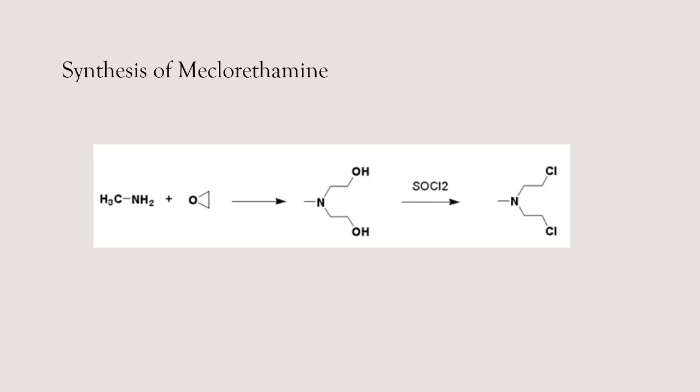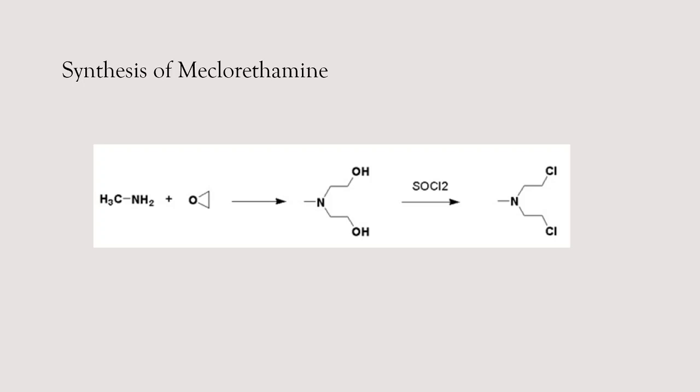Let's go with the synthesis. This synthesis process is fairly simple, one of the simplest in this chapter. It starts with ethyl amine. With ethyl amine, we have another cyclic group, which is known as oxirane. With this reaction, we get an intermediate product where the chlorine is replaced with a hydroxyl group, so the name will also have the corresponding hydroxyl group.